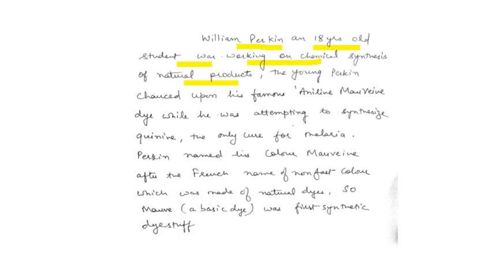While he was working on the synthesis of the natural products, the young Perkin chanced upon his famous aniline mauve dye, while he was attempting to synthesize quinine. Quinine is the product which is used to cure malaria, and it is the only cure for malaria.